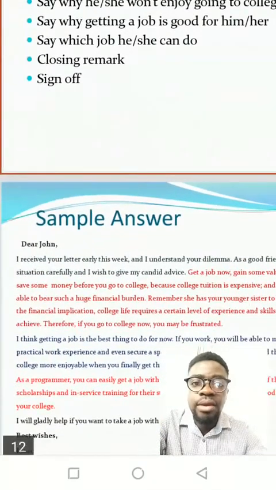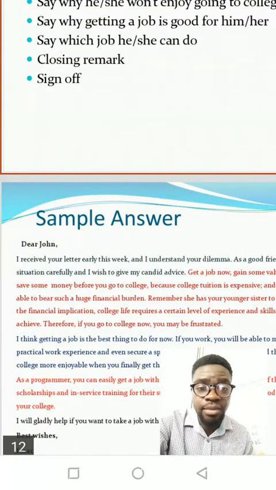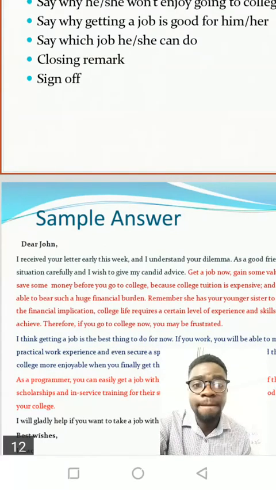And then we have a good reason why getting a job is better, and a few suggestions of some of the jobs my friend can easily take up, and then they sign off.